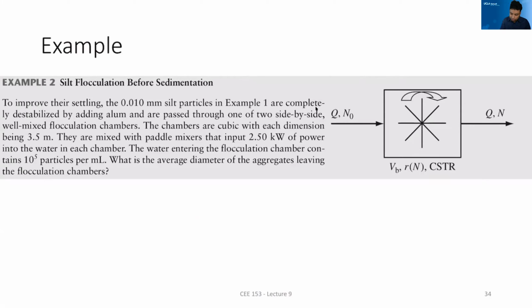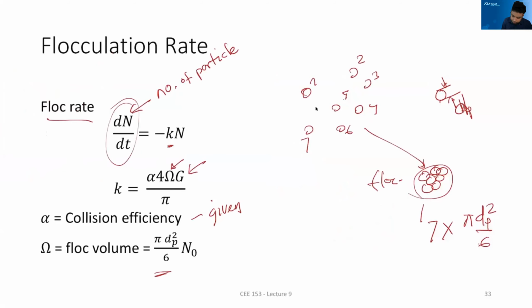That's the mixing chamber, and you're adding at a certain flow rate Q, and the number of particles is N0. After flocculation, there is a remaining amount of particles that leave the system. That's N. So you're adding N0, and N is the smaller number of particles remaining. Everything else is settled. B is the volume, and R is the rate, this is dN by dt.